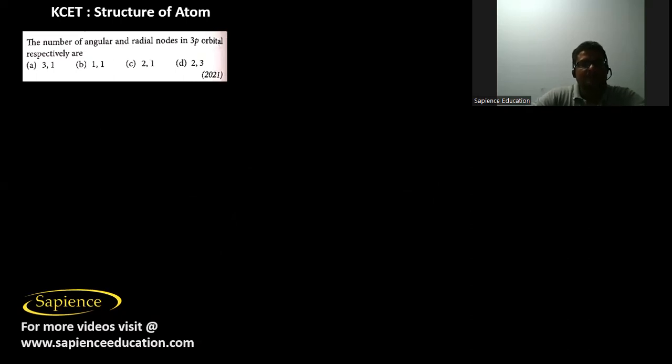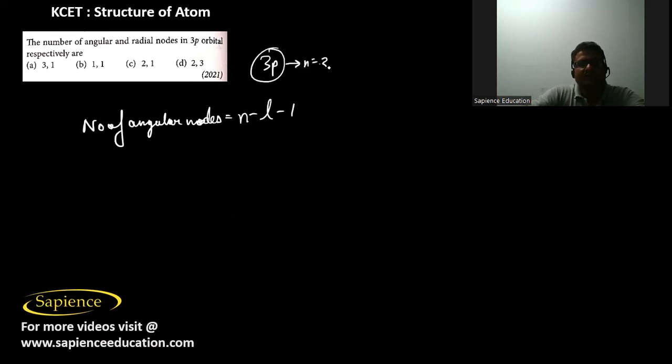Then here it is told, the number of angular and radial nodes in 3p orbital are. The number of radial nodes in any orbital is given as n minus L minus 1. For 3p orbital, n is 3 and for p orbital, L is equal to 1. So it will be 3 minus 1 minus 1, that is equal to 1.